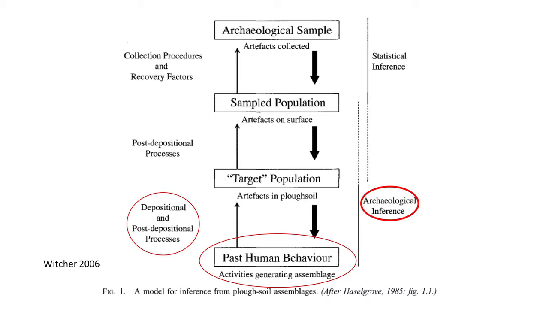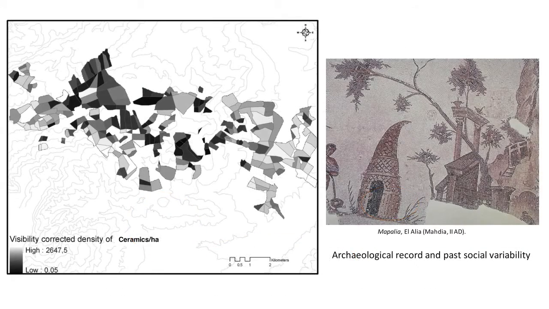But if you look at the target population, the behavior and the activities generating the assemblages, you consider very different activities, like monumental porticus villae, nearby perishable material and huts. They are very different starting points of the archaeological record. That's archaeological inference.